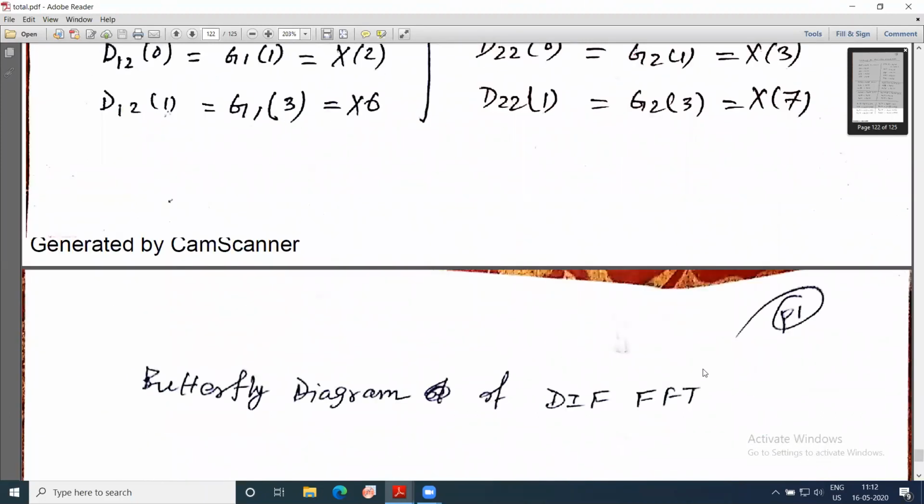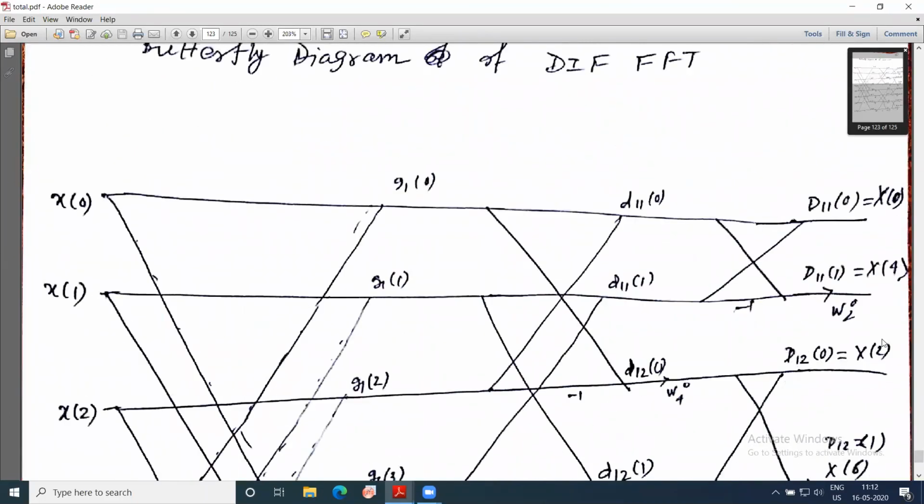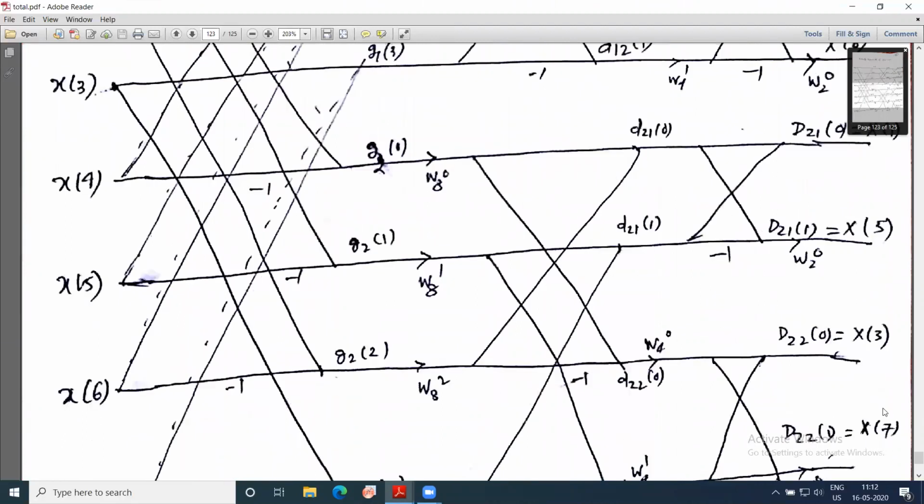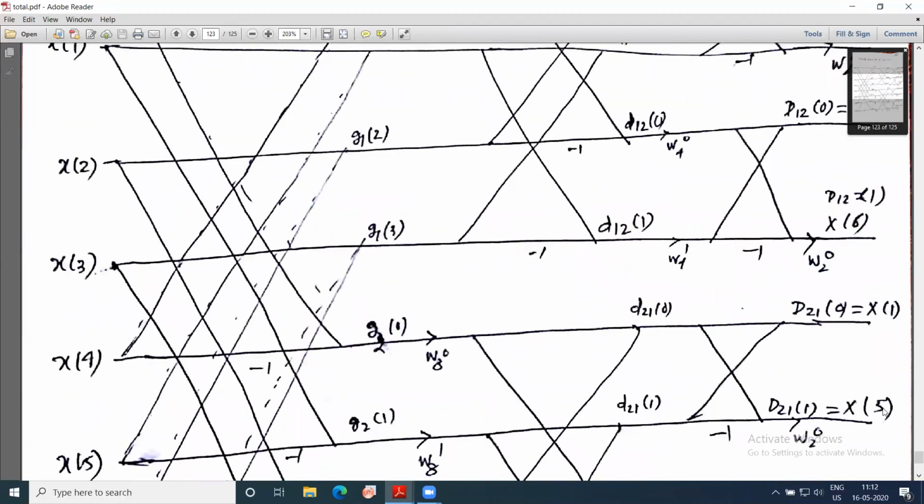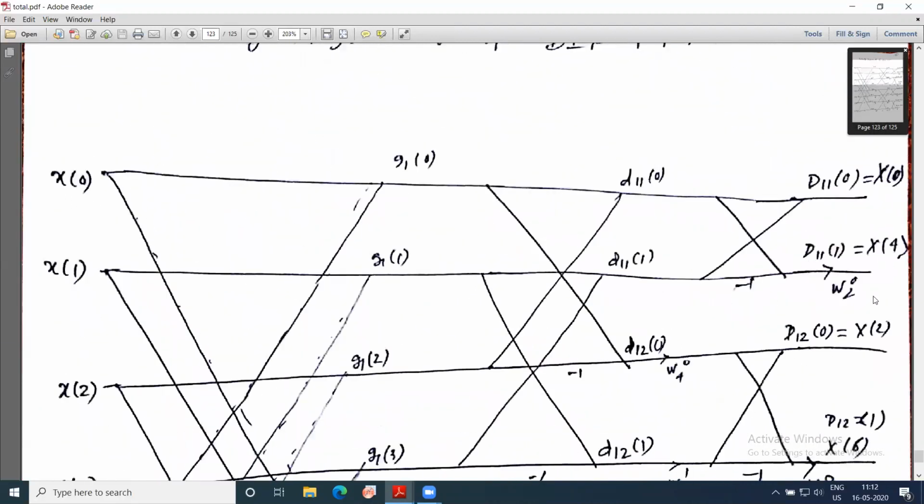Similarly, if we compute this output, it will be x0, x4, x2, x6, x1, x5, x3, x7. Now, what does it mean? The output is now in bit reverse order. Yes, because after x0, the next output has to be x1, but instead of x1 it will be x4. So the output is now in bit reverse order.